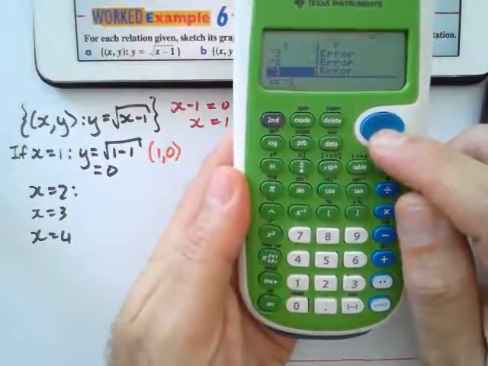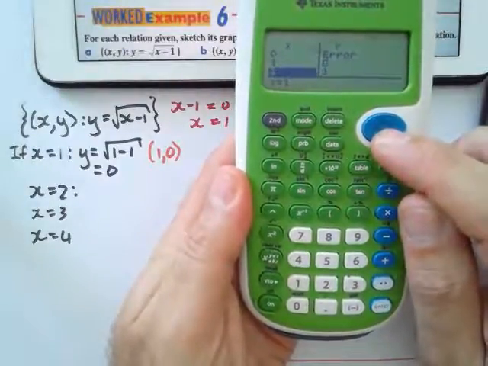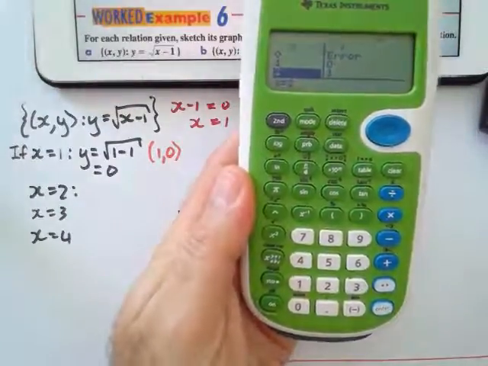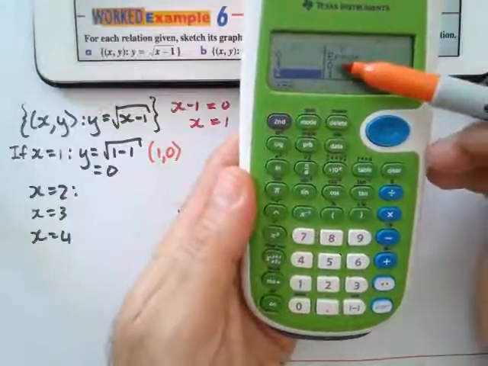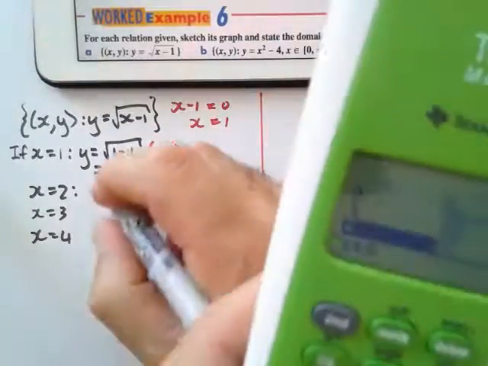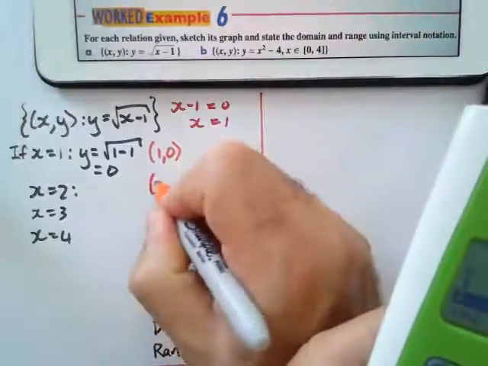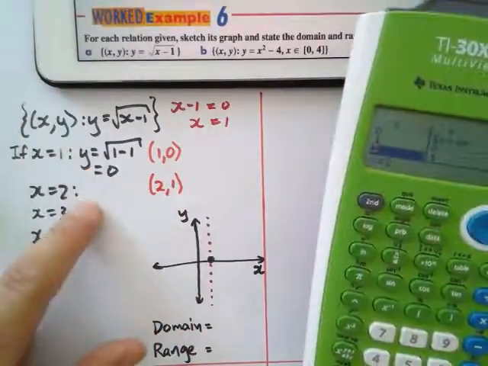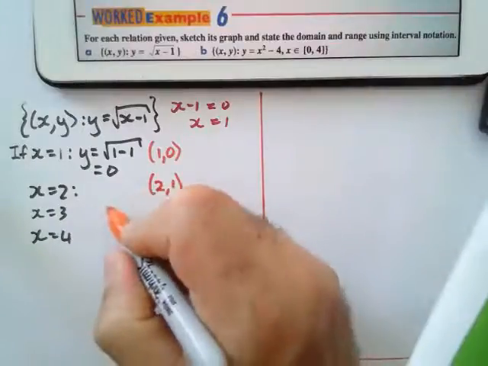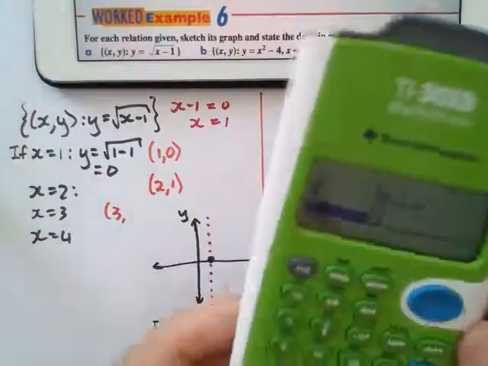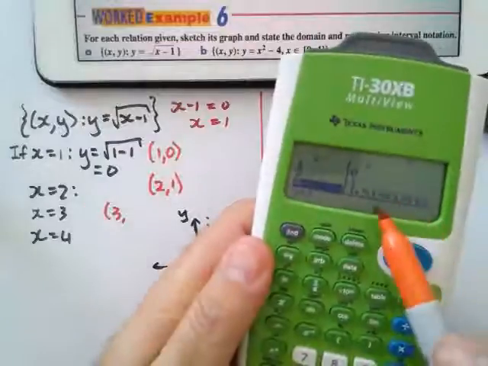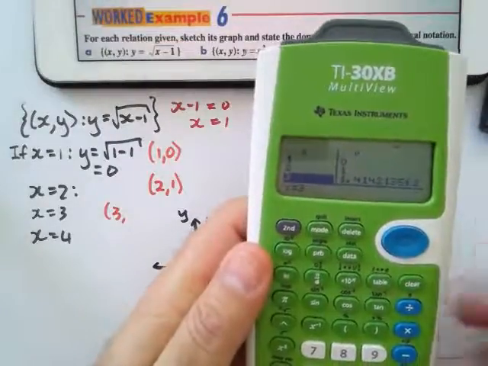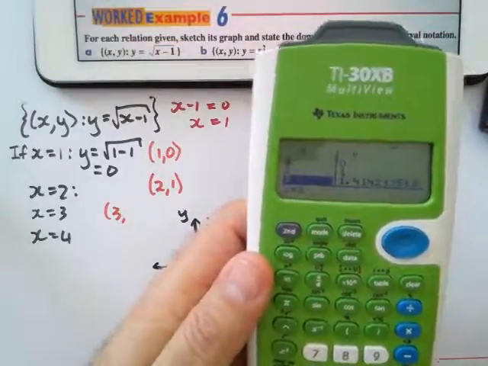If I go with my down button in the opposite direction, I can see when x is 1, y is 0. When x is 2, y is 1. So this is the point (2, 1). You don't have to show all the working again. For 3, when x is 3, it gives you a weird value, so I just have to quickly check.